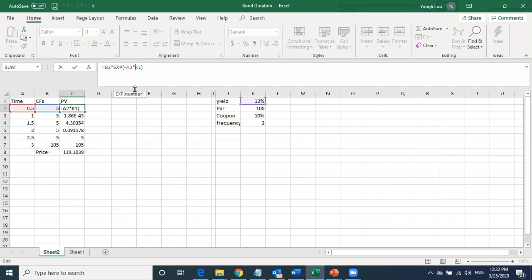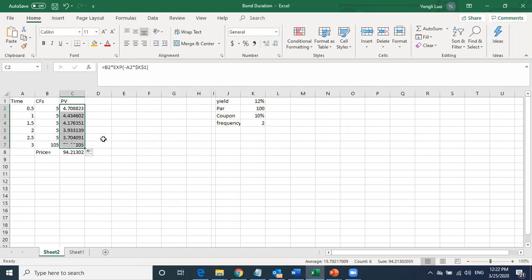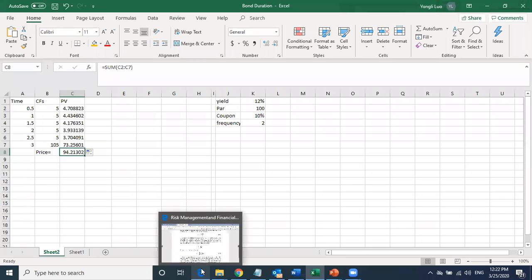Put $ at 4. Fix this. Okay, $, and apply to it. Yeah, that's right. Okay, so that's the bond price. So the bond price is the sum of all those present values.